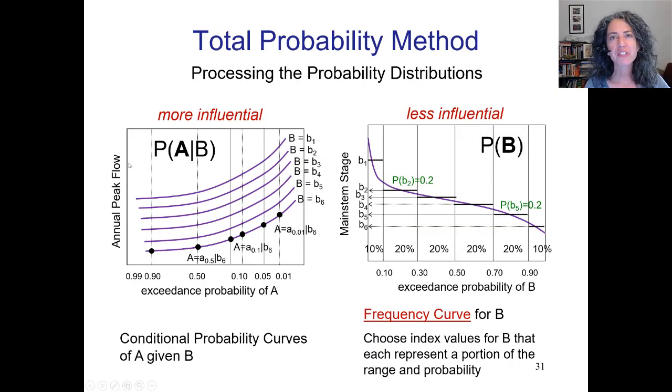So if we have this family of conditional distributions for A given B, that will be our first input. And then our second input is still going to be that distribution for B alone that we've discretized by dividing up into mutually exclusive and exhaustive probability ranges and assigning index values.